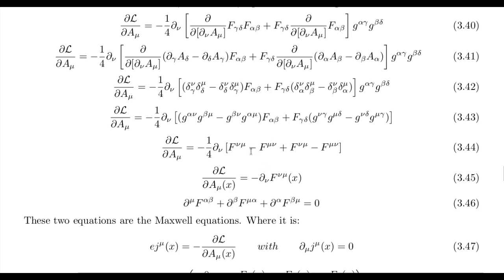So we can here write plus F mu nu, and so we would have four times the same positive F mu nu. We get a factor of 4 that can be cancelled with the factor here in front. And so we have only the derivative, okay, the minus stays here, minus derivative of the electromagnetic tensor.